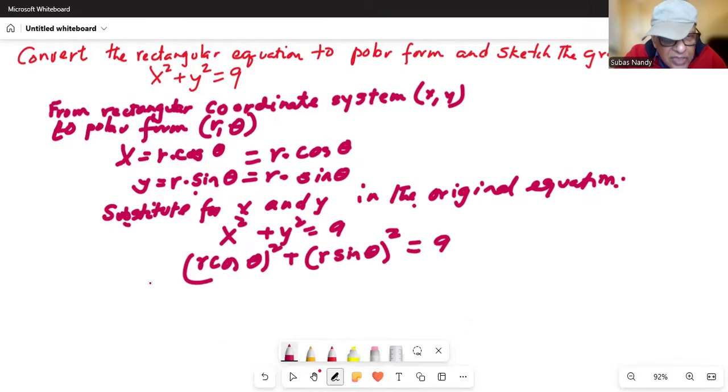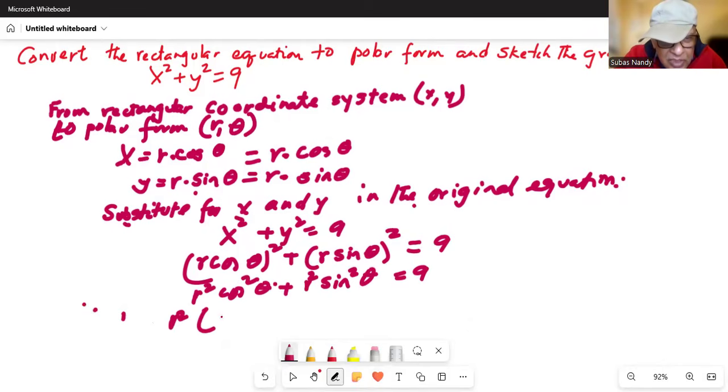This can be simplified as r square cosine square theta plus r square sine square theta is equal to 9. Now in both the terms we have r square common, so we will take the factor r square outside the parenthesis. Inside the parenthesis will be cosine square theta plus sine square theta, and that is equal to 9.